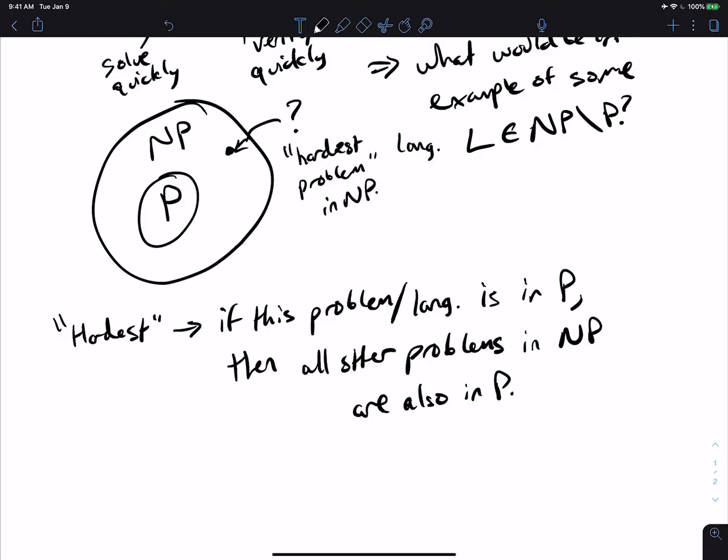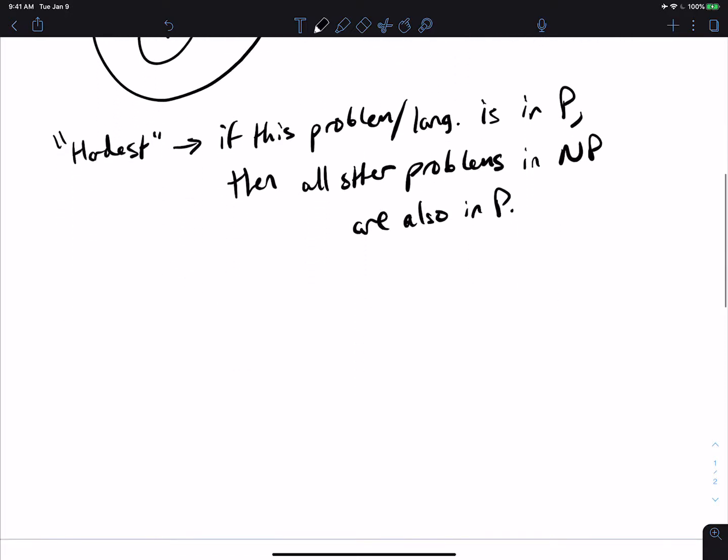So how do we formalize a notion like this? Here's what we're going to be talking about: something called a polynomial time reduction.